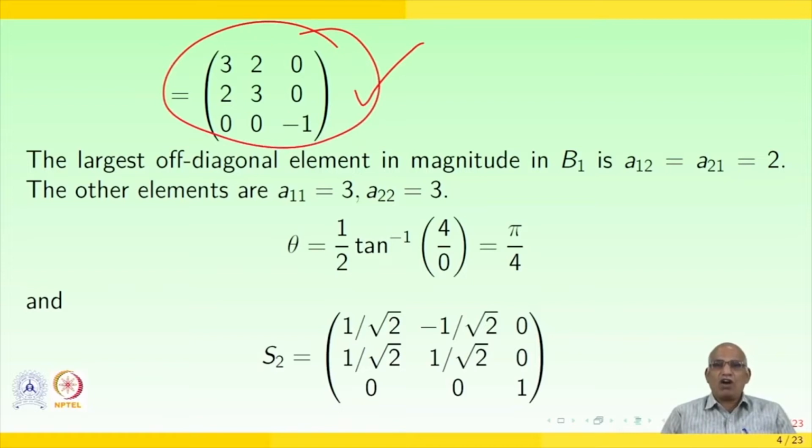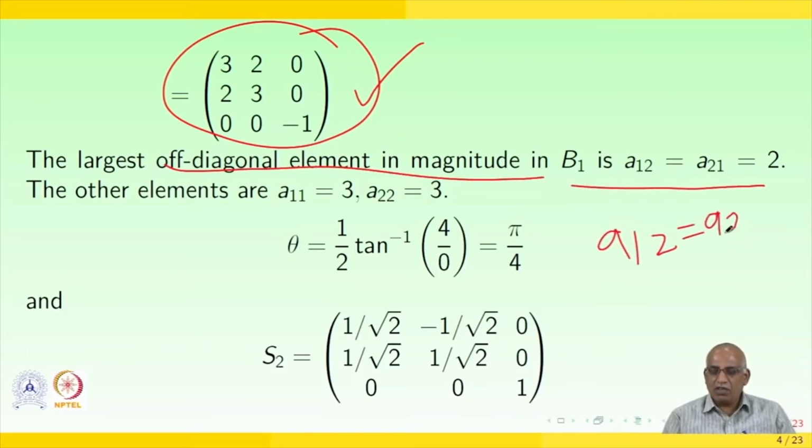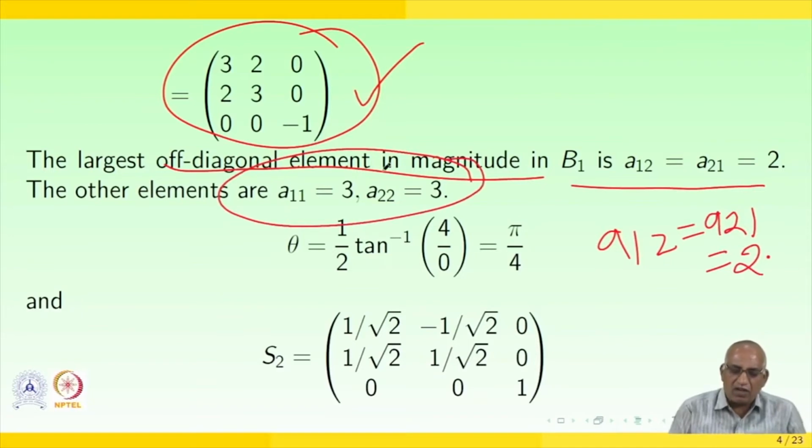The largest off diagonal element in magnitude in B1 is A12 equal to A21 equal to 2. The other elements are A11 equal to 3 and A22 equal to 3.